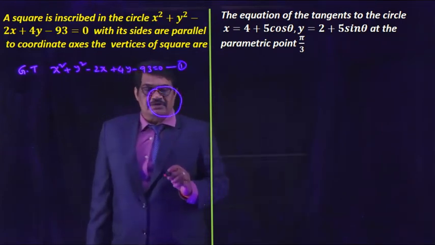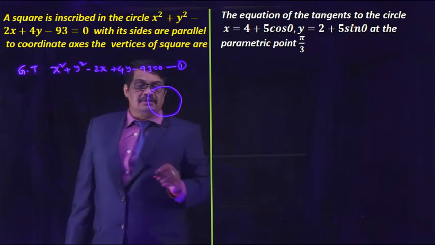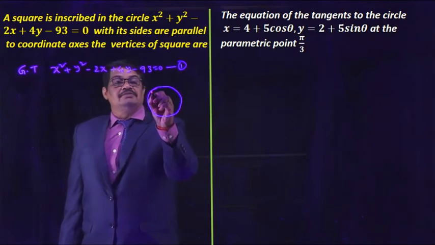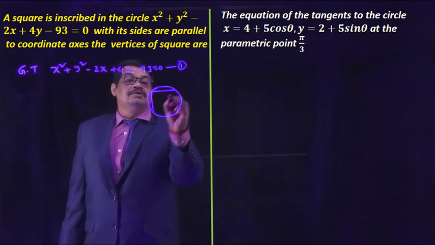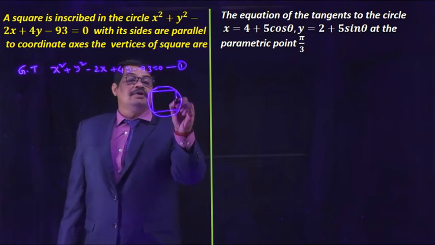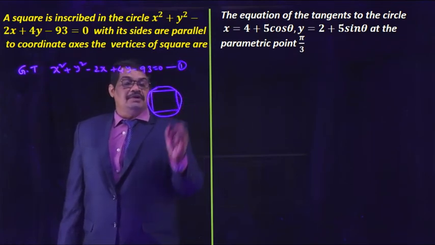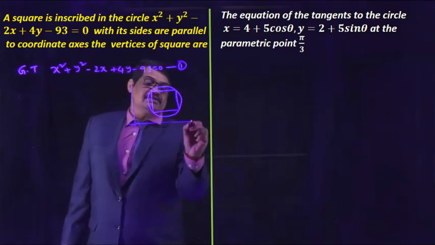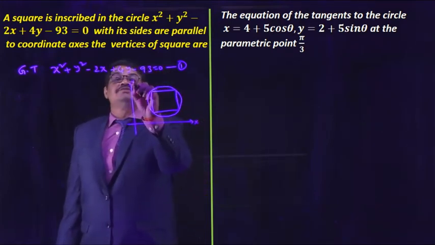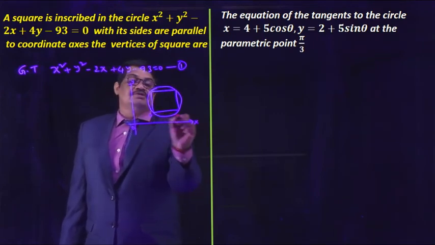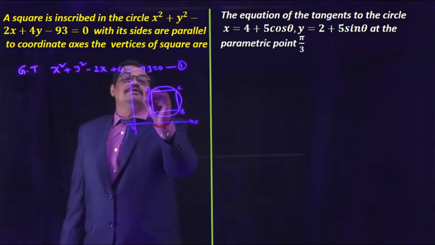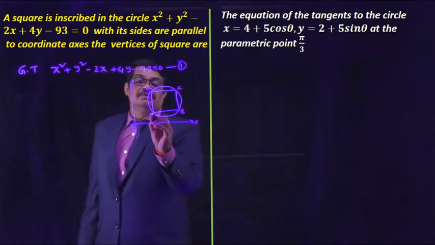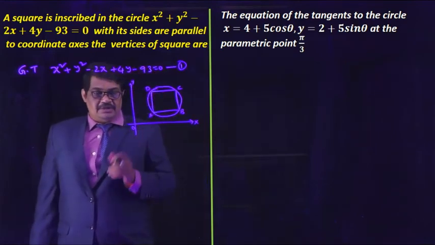A square is inscribed in this circle, and its sides are parallel to the coordinate axes. This is the x-axis and this is the y-axis, this is the origin. So this is the square ABCD. Then what are the vertices of the square? We have to find the coordinates of ABCD.